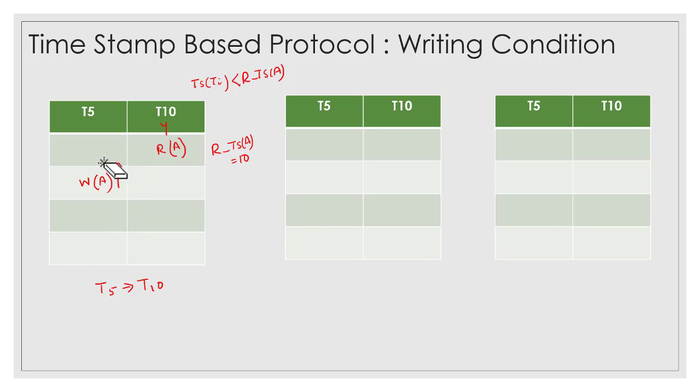In this case, T5 is the older, so T5 will be rolled back and we start with a new timestamp.